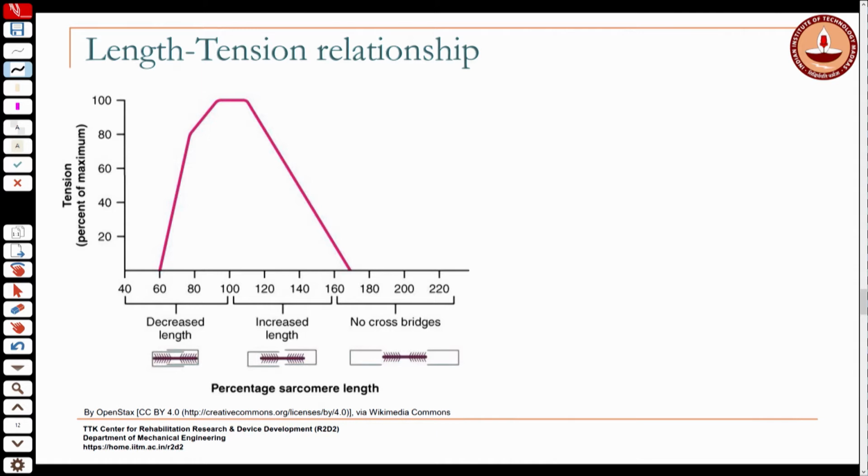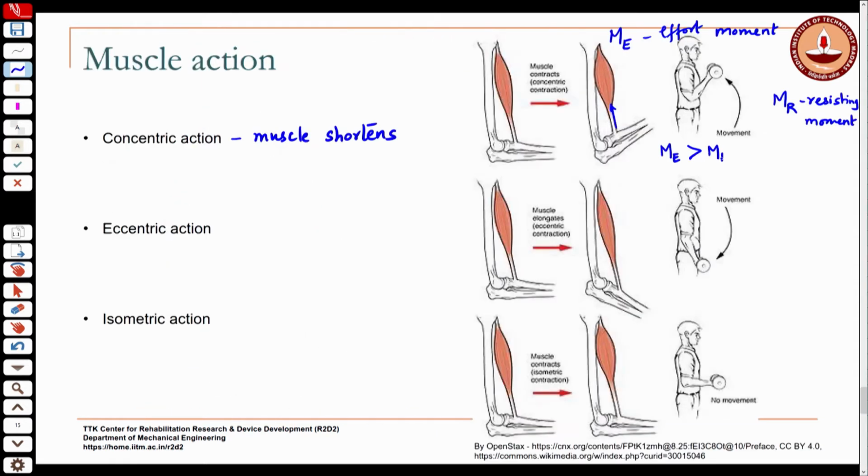Now, if the effort moment is greater than the resisting moment, you have motion in the direction of the effort, and the muscle that has provided that effort moment is under concentric action. A lot of places you will say concentric contraction instead of action, but I will tell you why I prefer the term action. In this figure here it says concentric contraction, the angular movements are in the same direction.